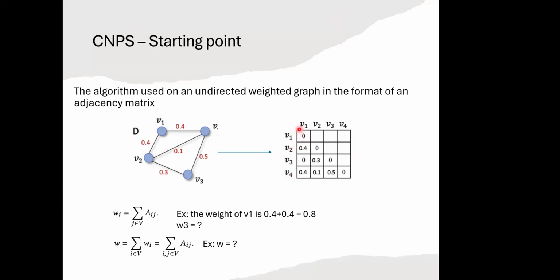So let's say the distance between V1 and V2 is 0.4, as you can see over here. Let's see this edge V2, V3. And this is why we don't care about the upper triangle of the matrix, right? We don't care about what's above the diagonal, because the distance between V1 and V2 is the same from here or from here, because this is an undirected weighted graph, okay?